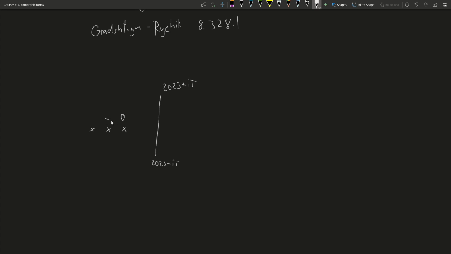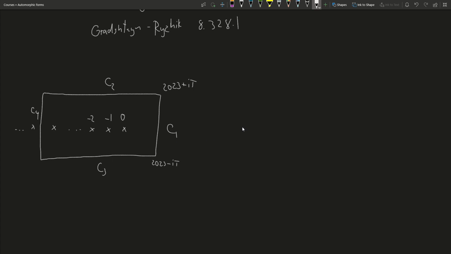So it's 0, minus 1, minus 2, dot dot dot. And this is the integral that we care about along this line C1. And the strategy is going to be to take this contour, which is just this rectangle, and then we're going to thread the needle between two poles, and then we're going to close it up. So this is C2, it's going to be C3, and then C4.